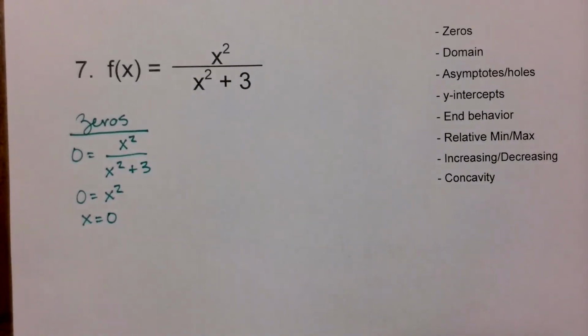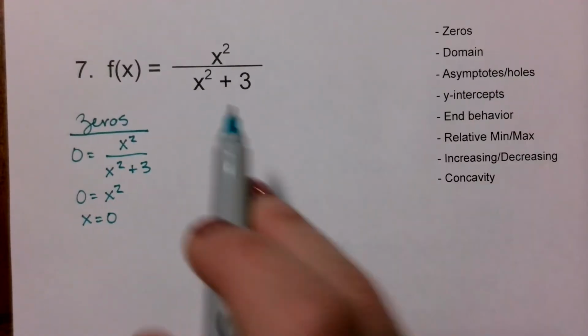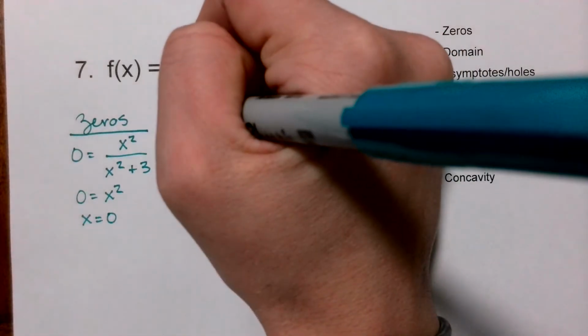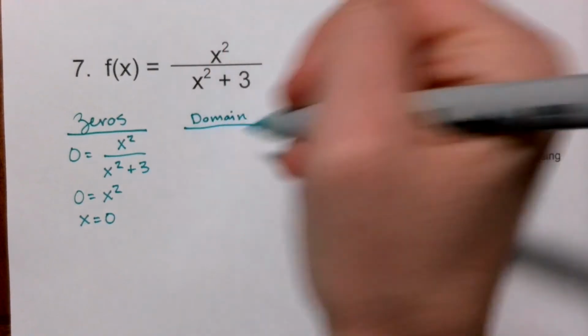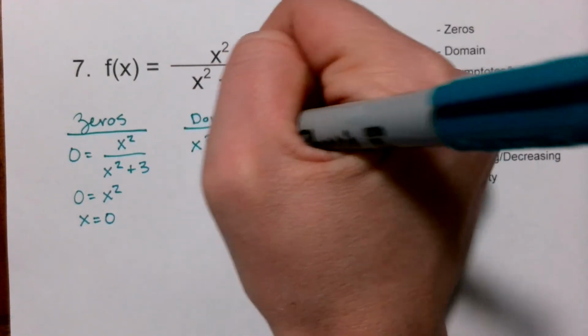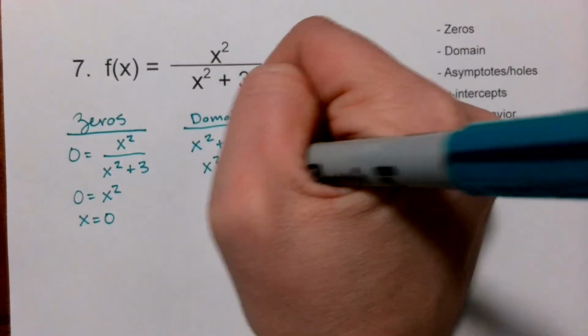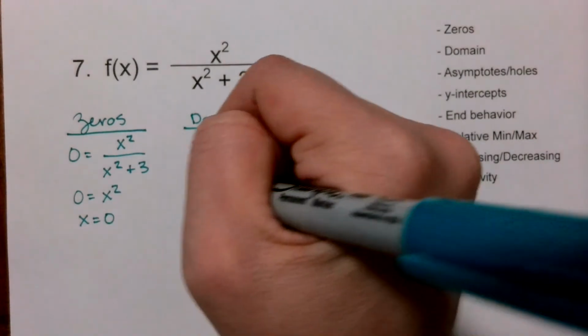Okay. I've got domain, which goes along with asymptotes and holes for this case because it is rational. So for our domain, we know that x squared plus 3 can't be 0. So x squared can't be negative 3. But something funny happens here.